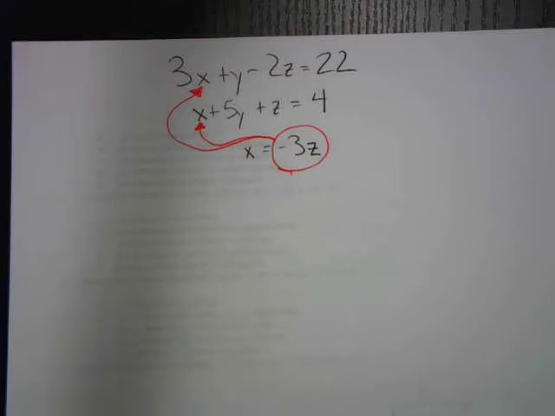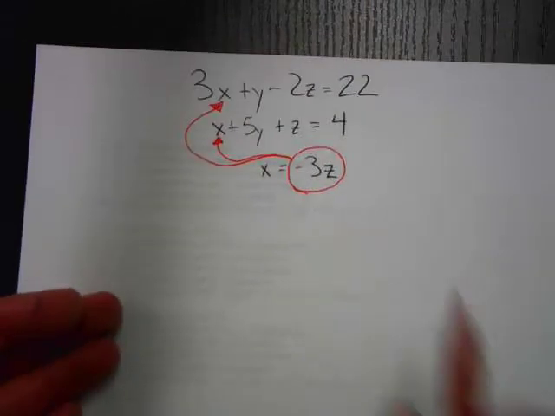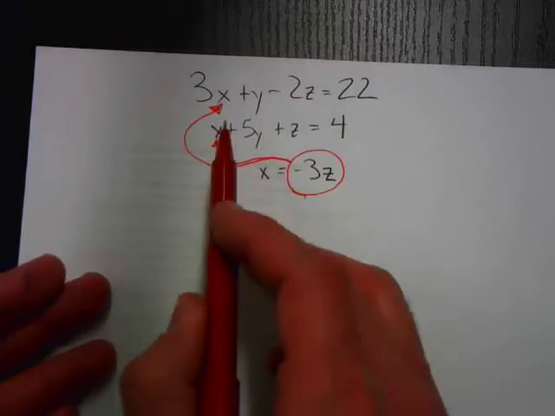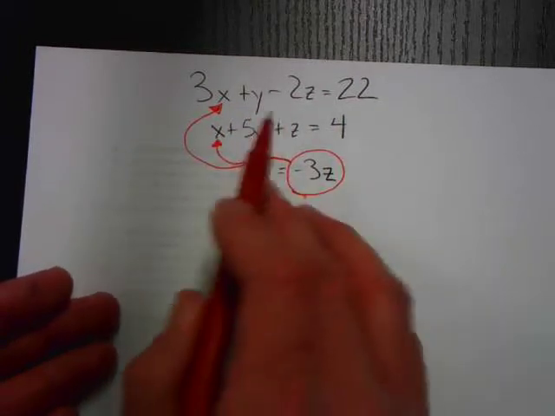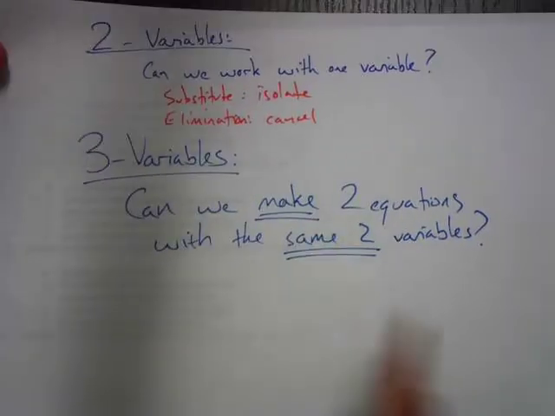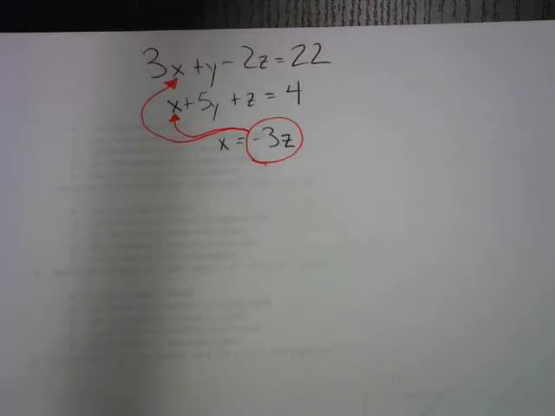And if we do that, we would have 2 equations that deal with z and y. So we would be able to work with 2 equations with the same 2 variables, z and y, because remember, that's the goal. So we would substitute first, and then we would have our 2 equations. That's the hard part. Once you've identified that, we're home free.